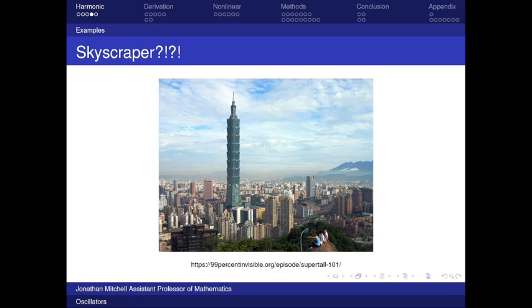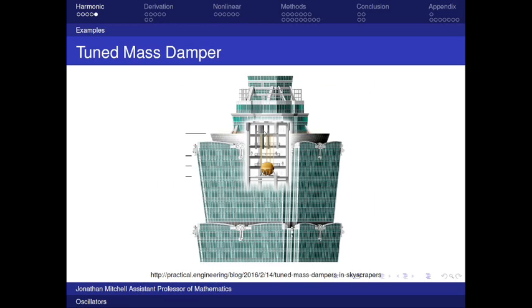So there's ways to deal with that, which I think are pretty interesting. In this particular case, for this building, there were a lot of headlines about a tuned mass damper to try to decrease or settle down these oscillations in the Taipei 101 building. And we might get a chance to talk a little bit about that.